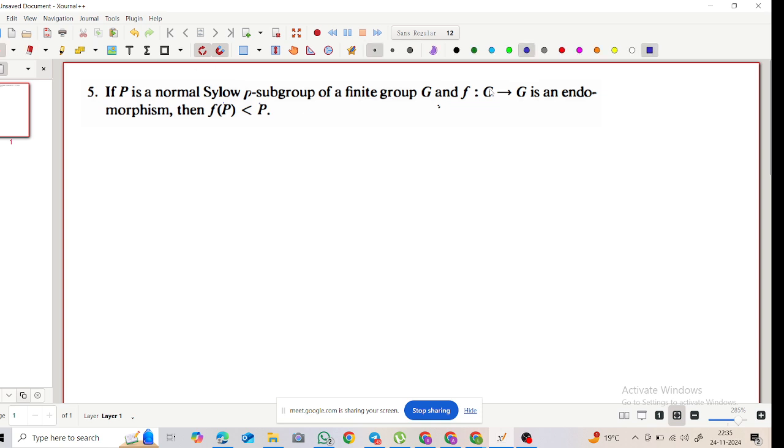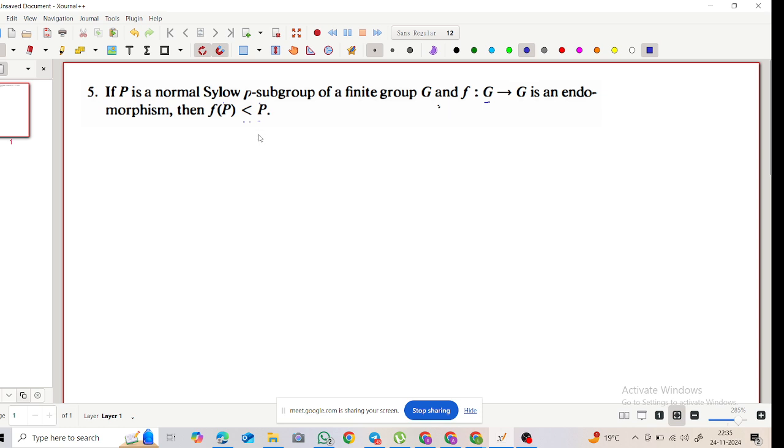Okay. So endomorphism means it's a surjective map, no? So P is a normal Sylow P subgroup. Then they are saying f(P) is a subgroup of P.